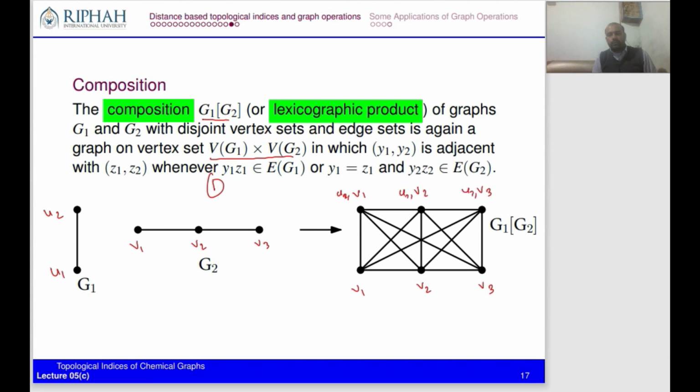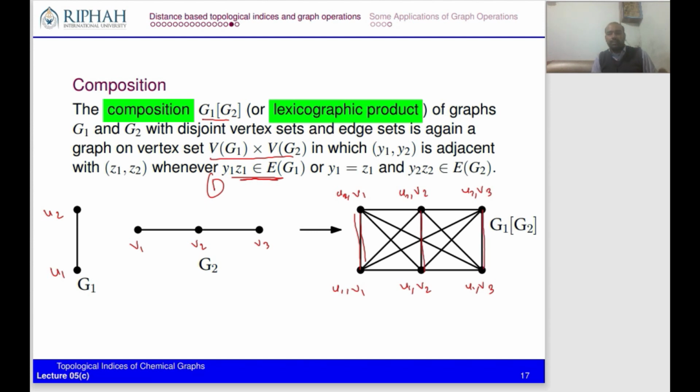You can see that the first condition says that the first components must form an edge. Every edge of this kind is due to the first condition, because the first components make an edge. U1 and U2 is an edge in G1. So there is an edge, there is an edge.